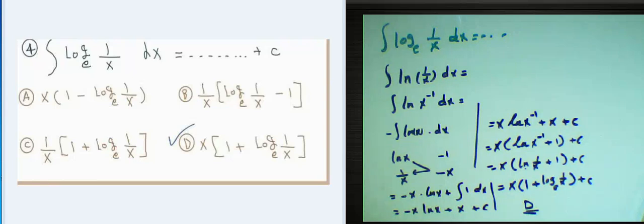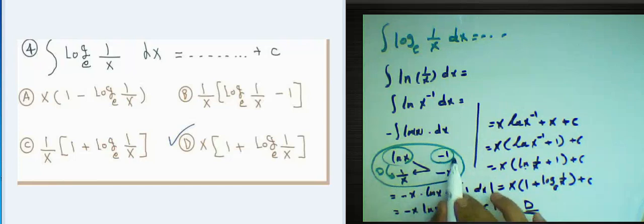So in this example we used this rule, integration by parts. Choose the first function here, and we can find the derivative of this function, and choose the second function here, negative 1.